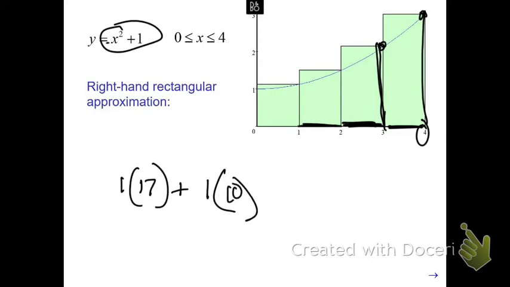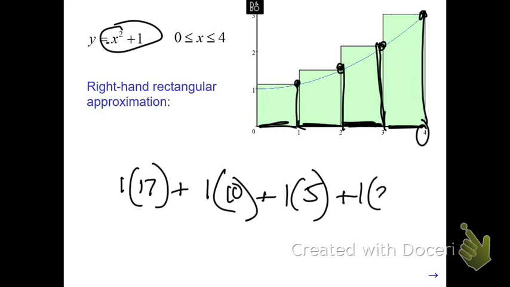Next rectangle is 1 times whatever the height is here when you plug in a 2, which is 5. And the last one is a width of 1 and a height, whatever you get when you plug in 1, which is 2.